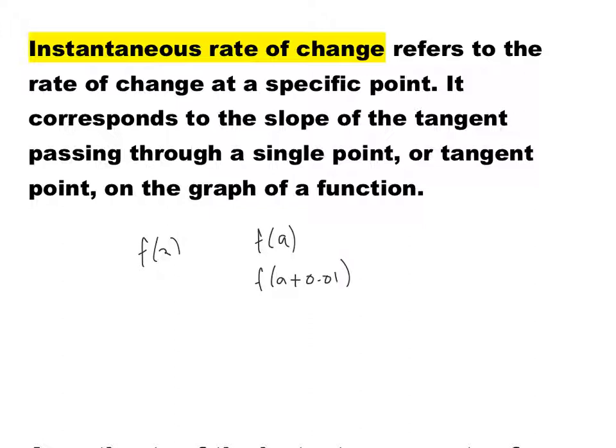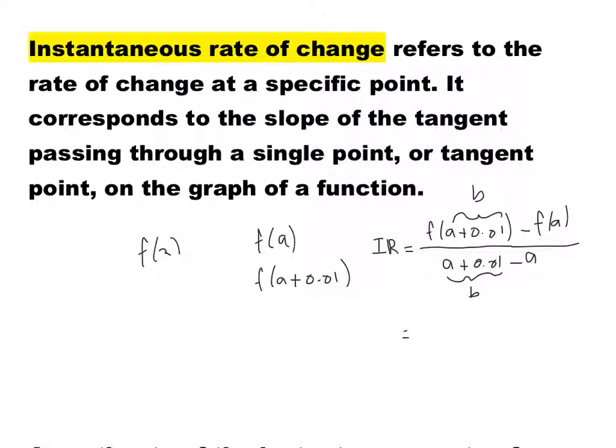This is just an example. Then we are going to use the previous formula and we will find the instantaneous rate of change, call it IR, to be equal to f of a plus 0.01 minus f of a over a plus 0.01 minus a. Remember, this is your b value.